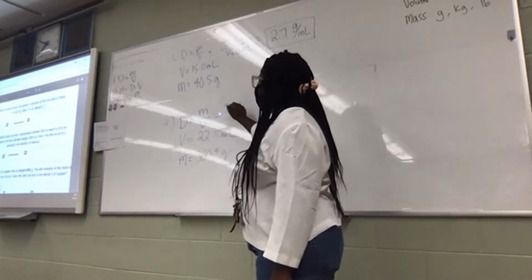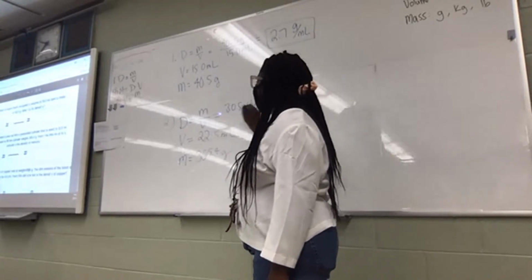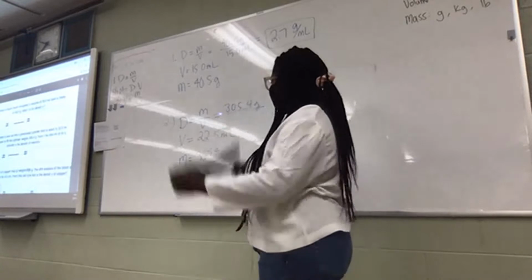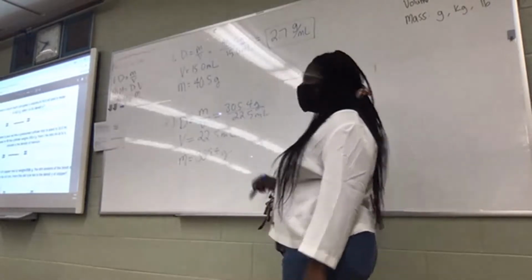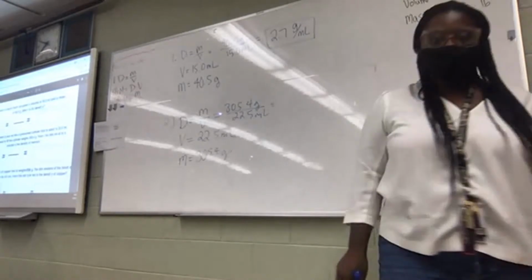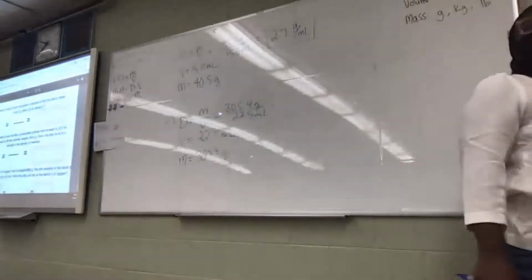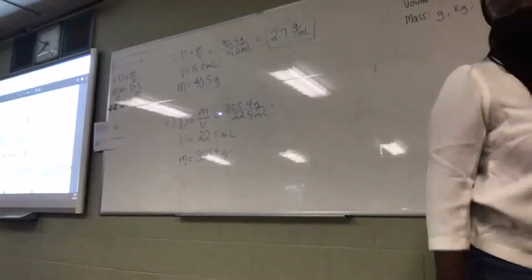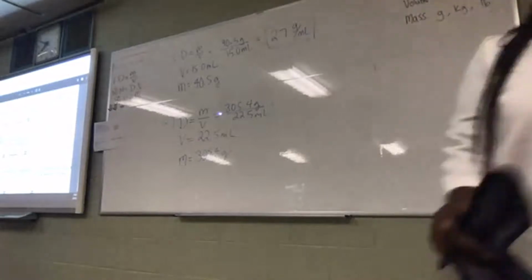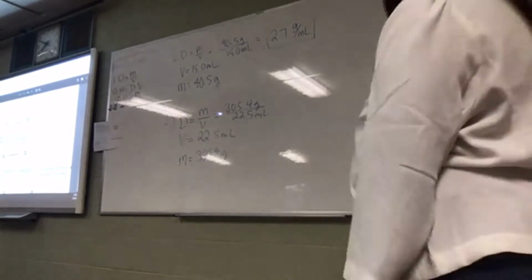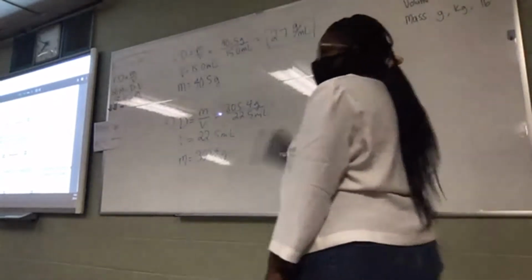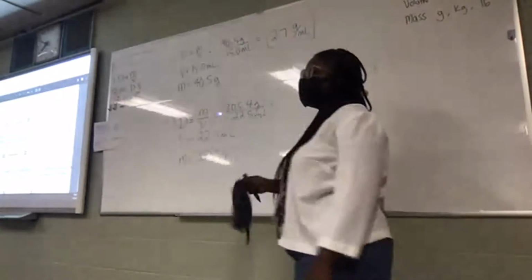So that's going to be 305.4 grams on top. And what's on bottom? Good job. Get me an answer. There was a glare on the screen for the recording. So give me an answer. What did you get? That's one person. 13.573. That's 2 people's.